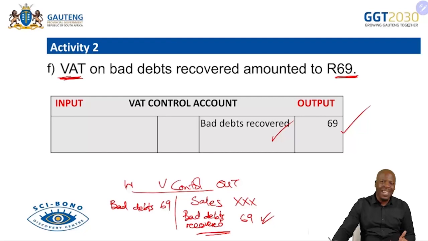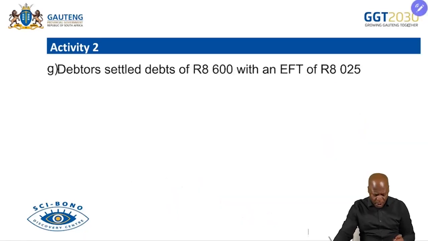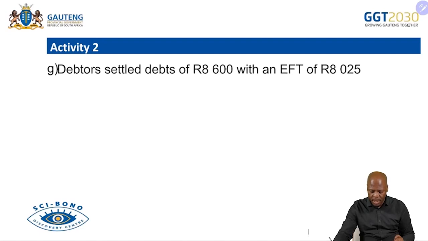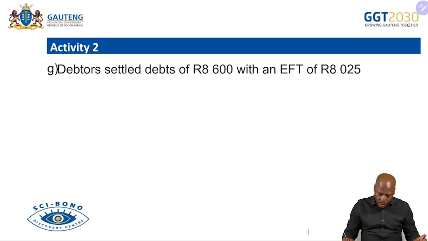Okay, let's quickly check if we have the last information, which I believe will be information G. Debtors settled debts of 8,600 with an EFT of 8,525.